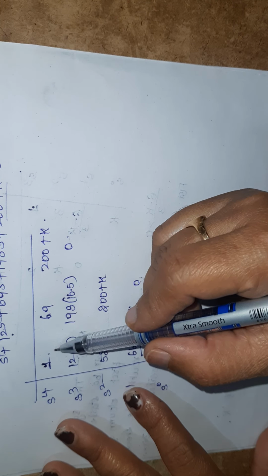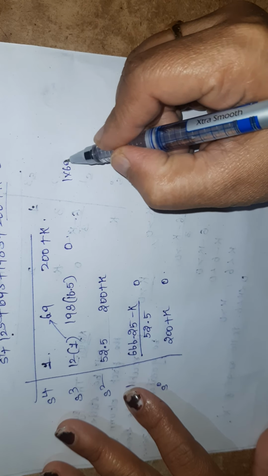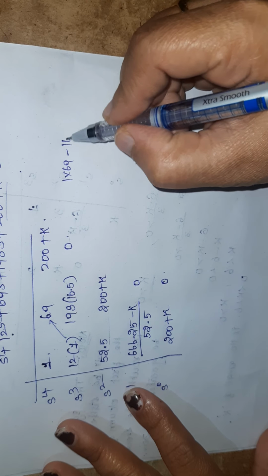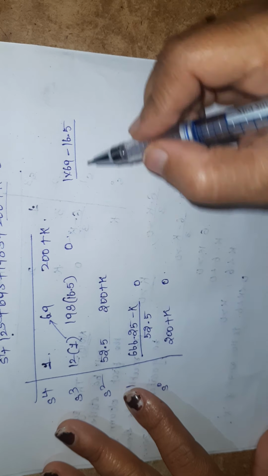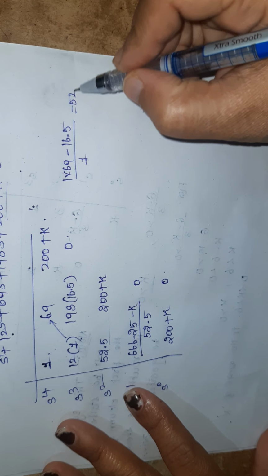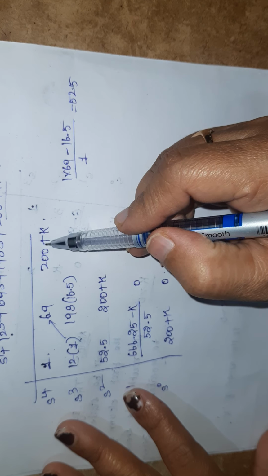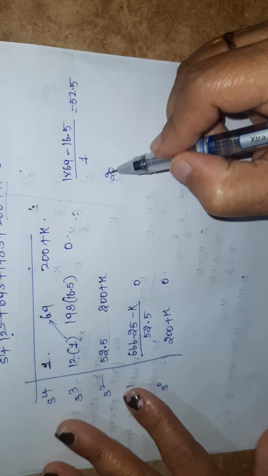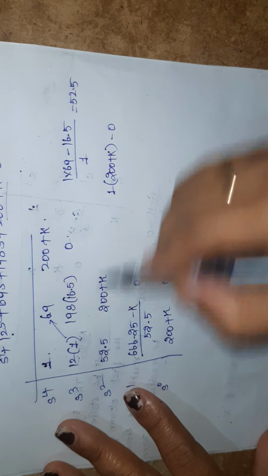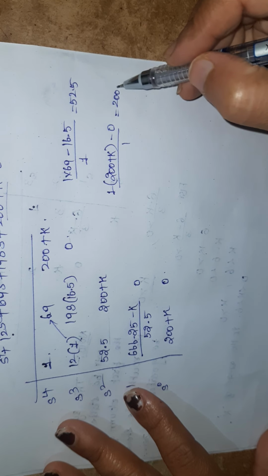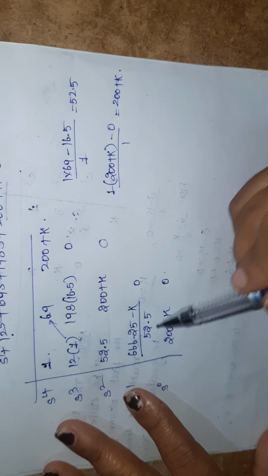First you have to multiply 1 into 69 minus 1 into 16.5 divided by 1. You will get 52.5. Next 1 into 200 plus k minus 0 divided by 1. I'll get 200 plus k. Next we'll get 0 here.